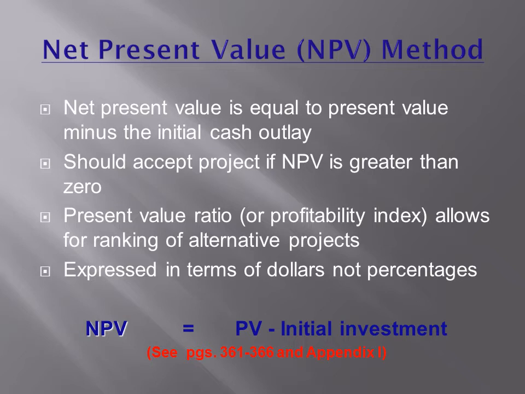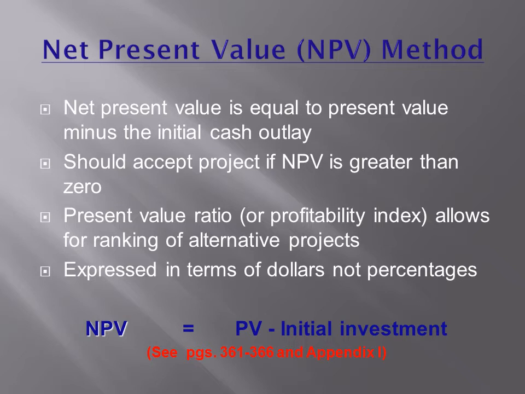The present value ratio, or profitability index, allows for ranking of alternative projects, which means that if you're looking at a few different projects, then of course the one with the highest present value ratio is the one that we would choose, and you would rank the others accordingly. And net present value is expressed in terms of dollars, not percentage.